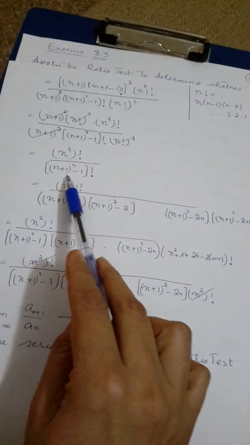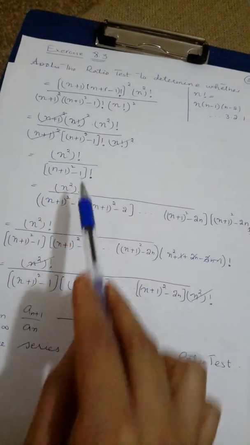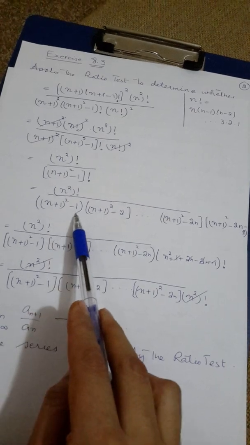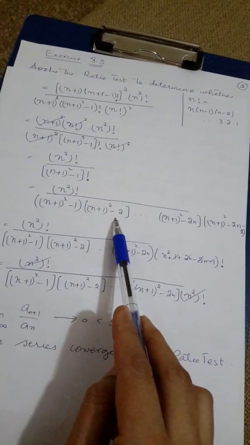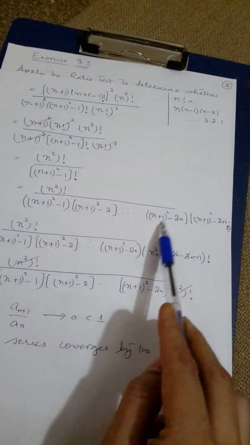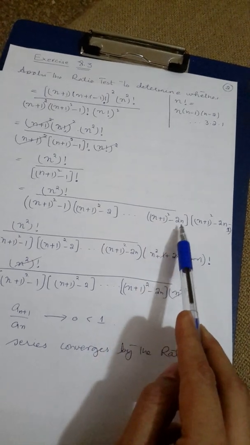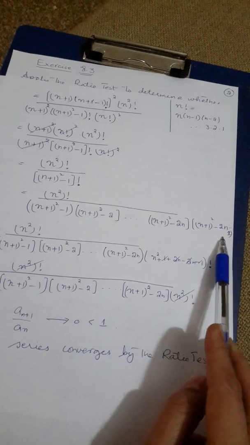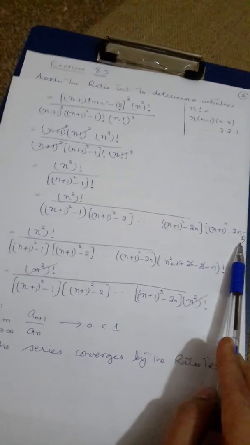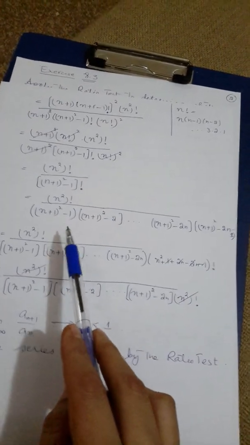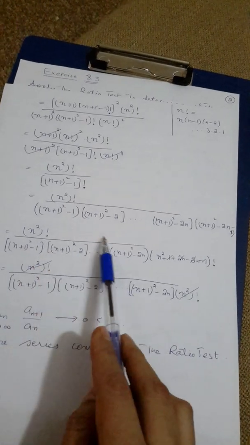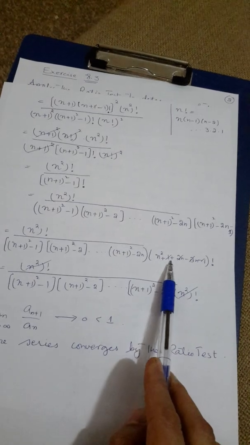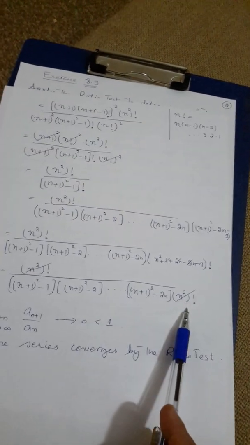Now we open this factorial in this form: (n+1)^2-1, (n+1)^2-2, up to (n+1)^2-2n, then (n+1)^2-2n-1 factorial. This term remains the same, but at the end this term becomes (n^2)!.